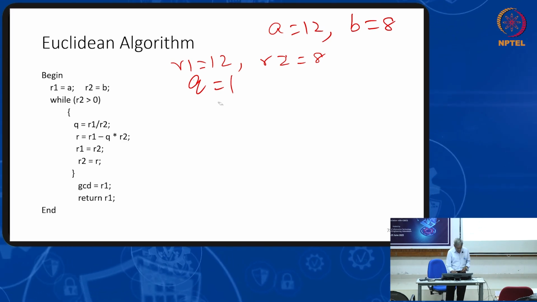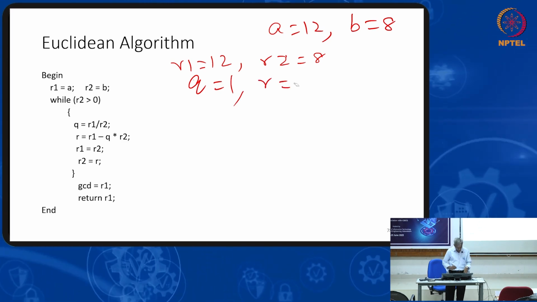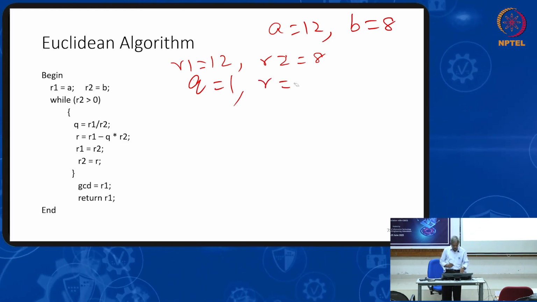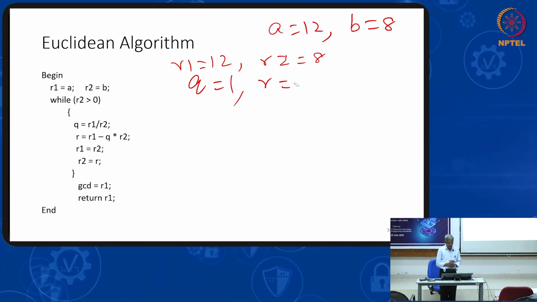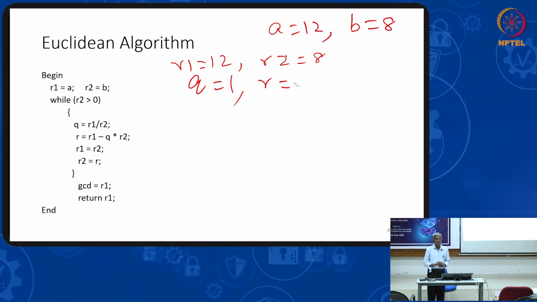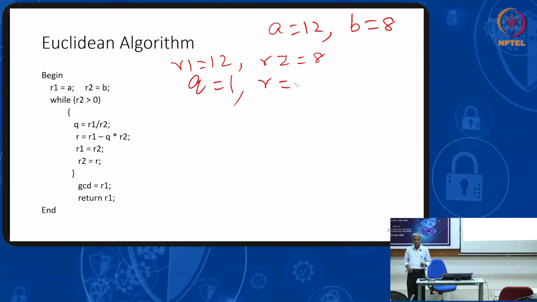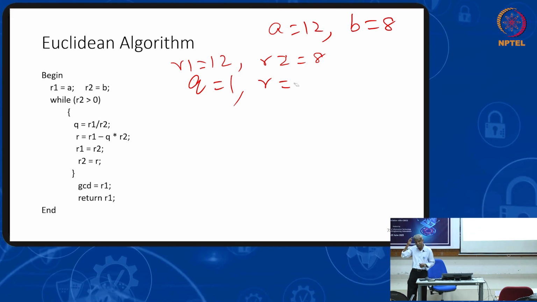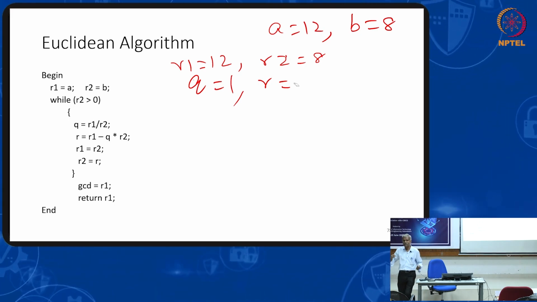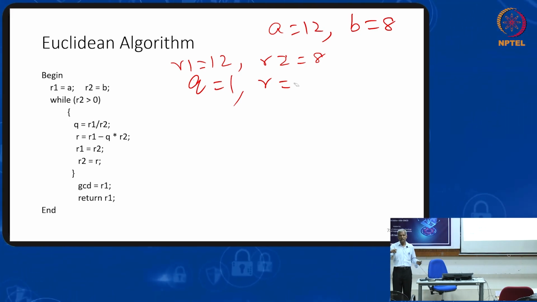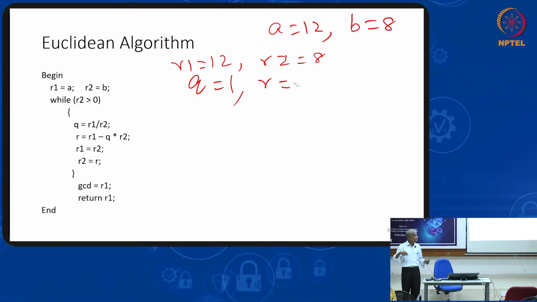And R equals R1 minus Q R2. To find Q R2 first: Q is 1, R2 is 8, so Q R2 is 8.